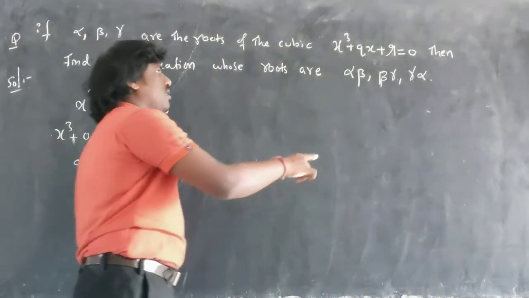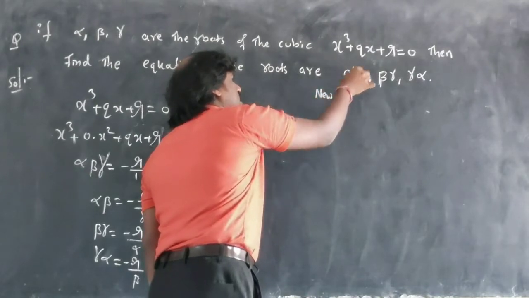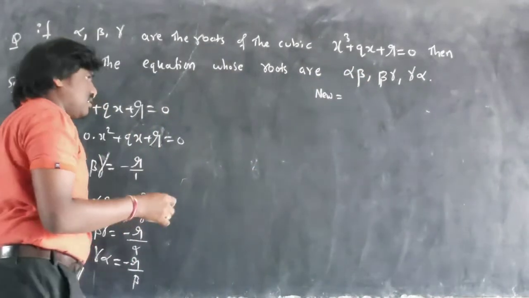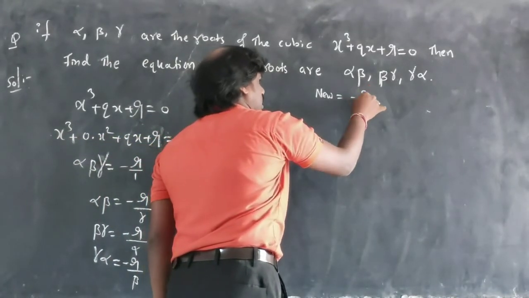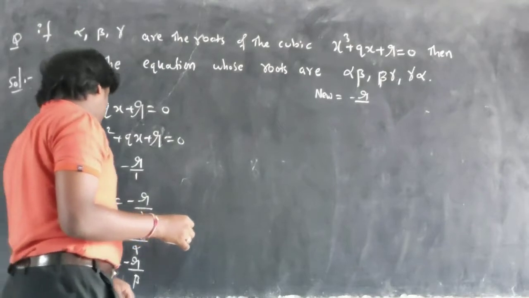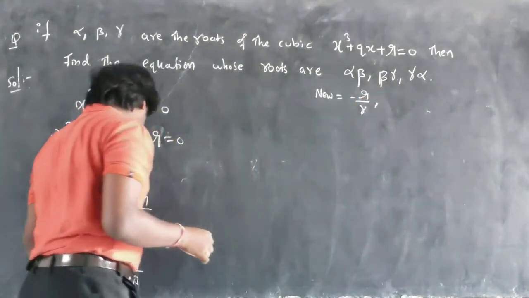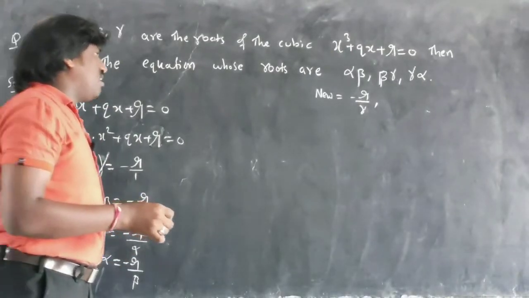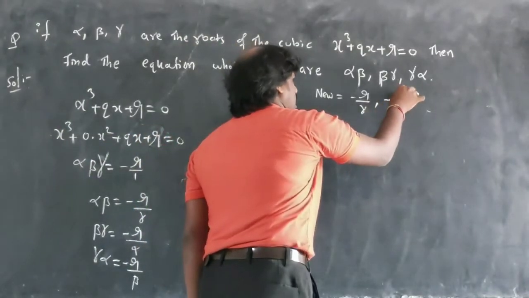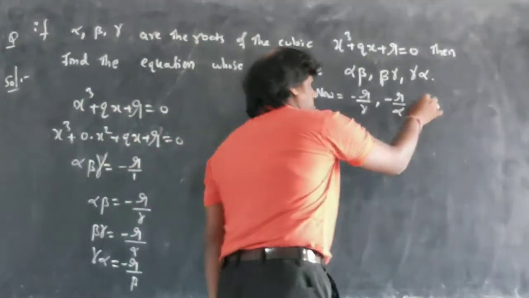So the new roots are forming as minus r by gamma, minus r by alpha, and minus r by beta.